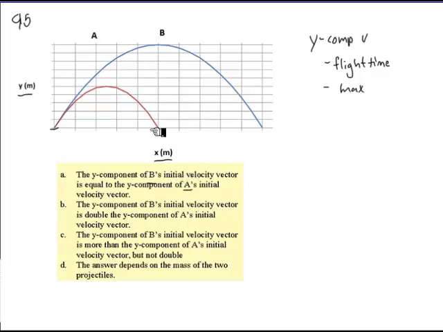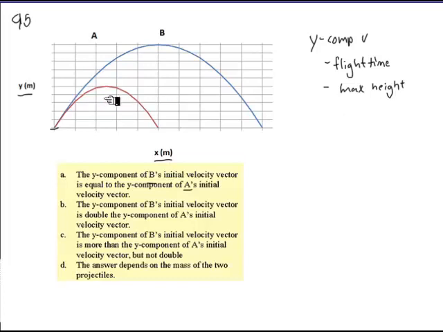But assuming they're both fired from the same position, then the initial y velocity determines these two things. So I can't see time from a y versus x graph. There's no time on this graph. But what I can see on this graph is the maximum height.